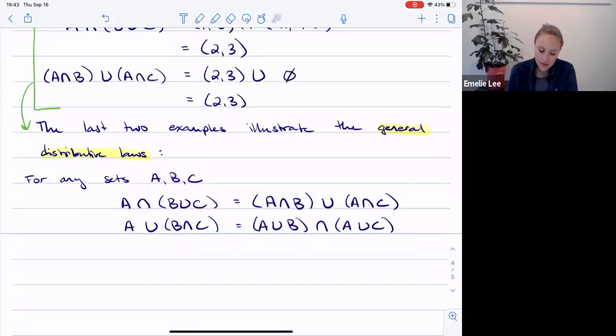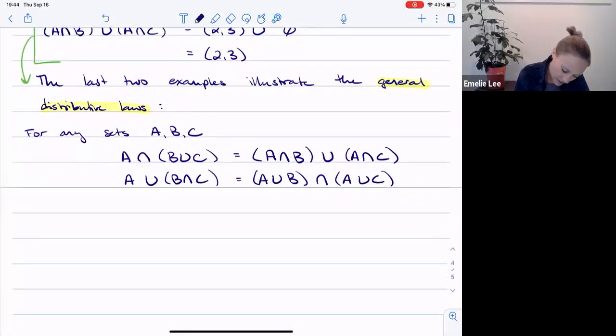Let's just confirm this first line with a Venn diagram. The two Venn diagrams are going to end up looking the same. So if you're not following along, it's not going to look very useful, right? But I encourage you to try to draw out both sides independently in Venn diagrams, just to see how the same area comes about.